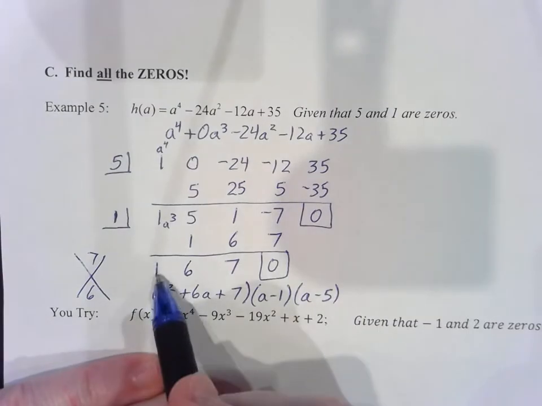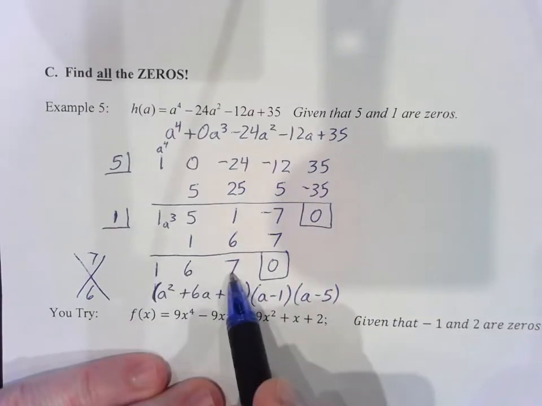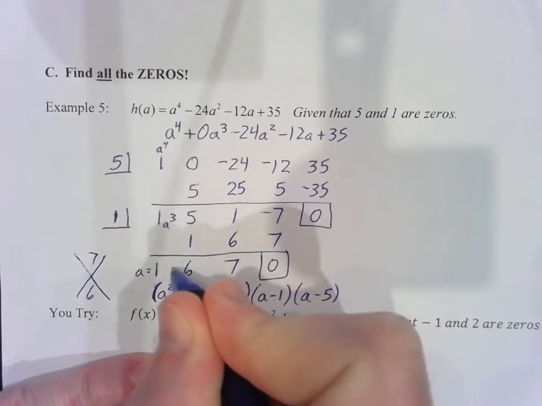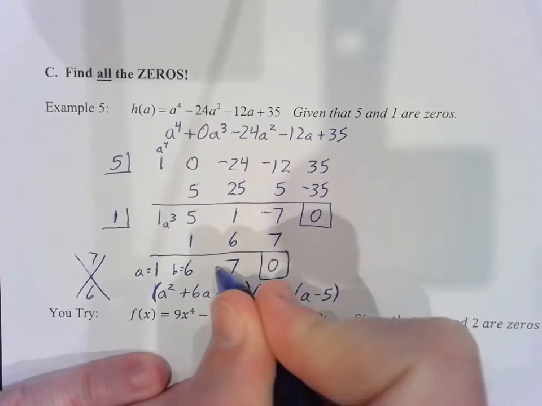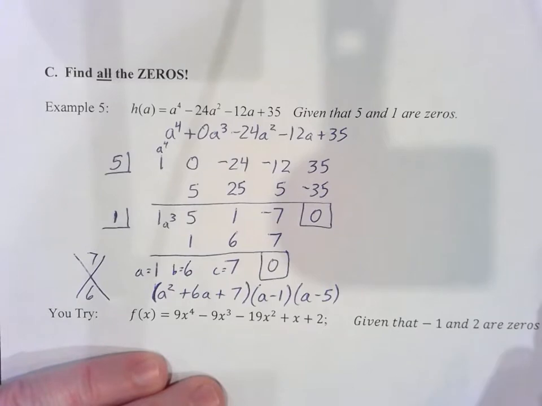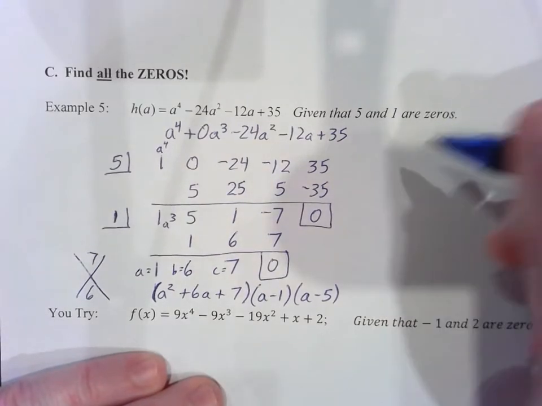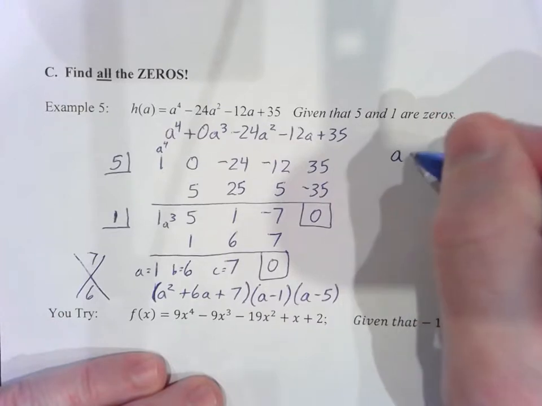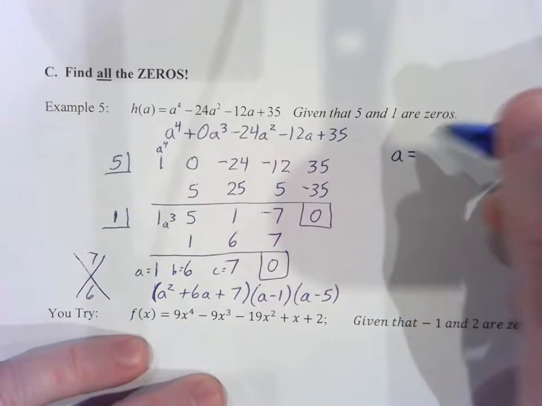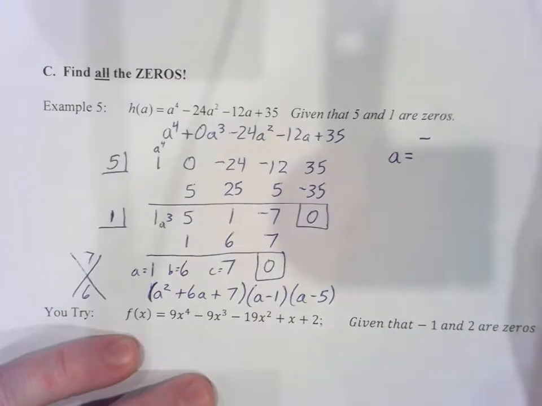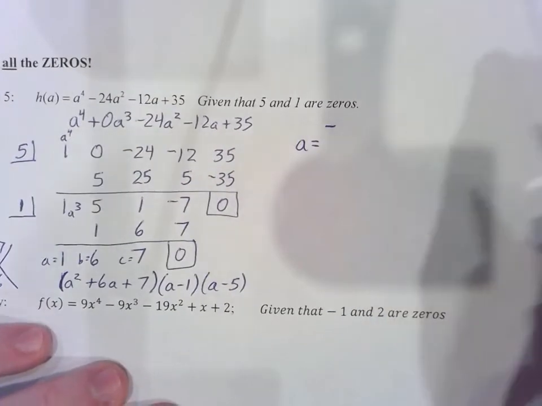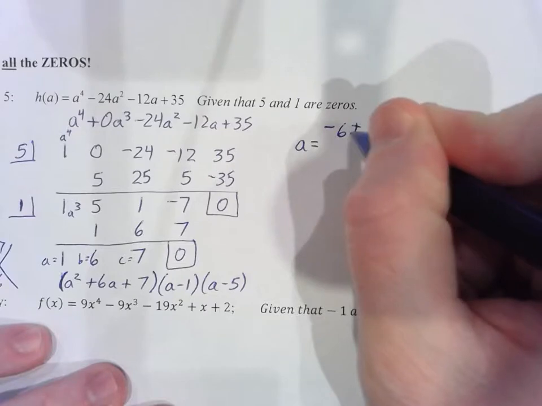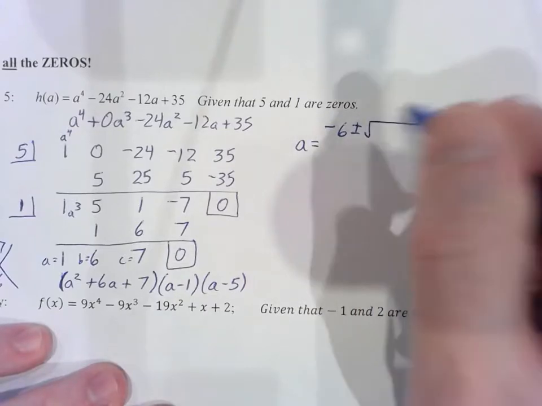So here's our a value, b, and c. A equals 1, b equals 6, c equals 7. So quadratic formula, our variable in this equation was a, so we'll say a equals the opposite of the b value, so the opposite of 6, plus or minus square root.